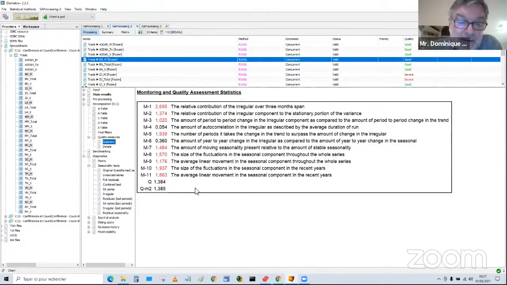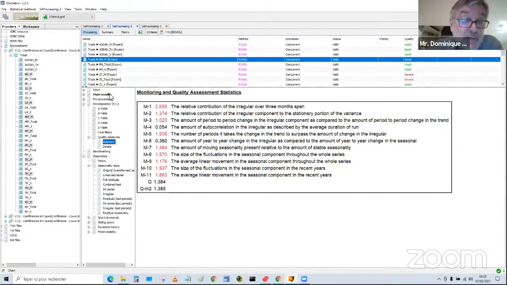In fact, this statistic tells you it's a warning that the situation is not so good for X11 filters. So these M statistics, the red lights here, are telling you to check the results more closely, okay?